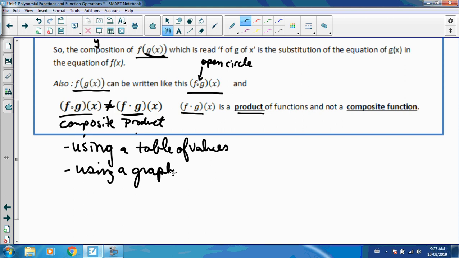We're reading the same values, just instead of from a table, from a graph. And then the other one is doing the algebra using the equations of the functions.